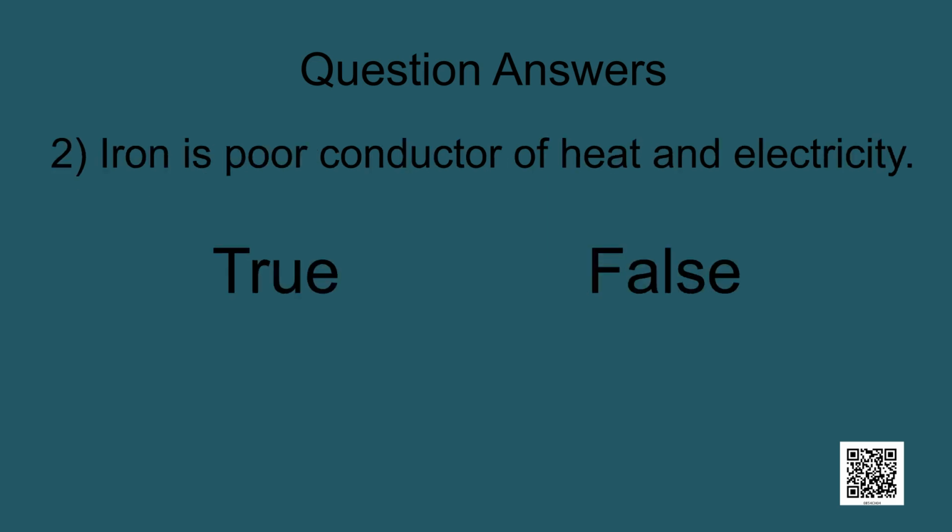Iron is a poor conductor of heat and electricity. Is this statement true or false? Yes, this statement is false because iron is a metal and metals are good conductors of heat and electricity.